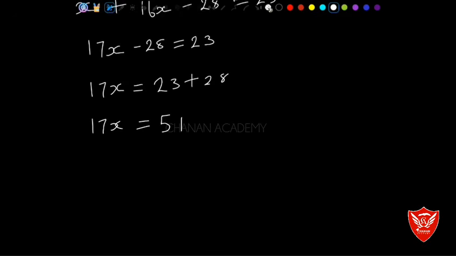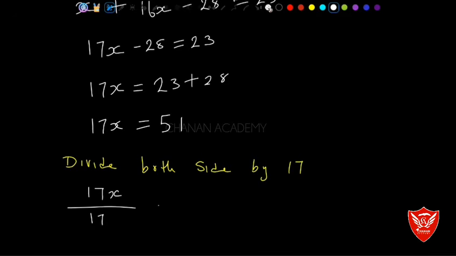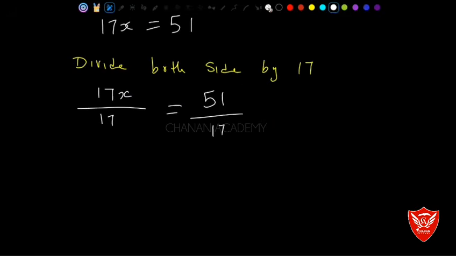Now we are going to divide both sides by 17. When we divide both sides by 17, we have 17x divided by 17 equal to 51 divided by 17. 17 into 51 is 3, so we have x is equal to 3.